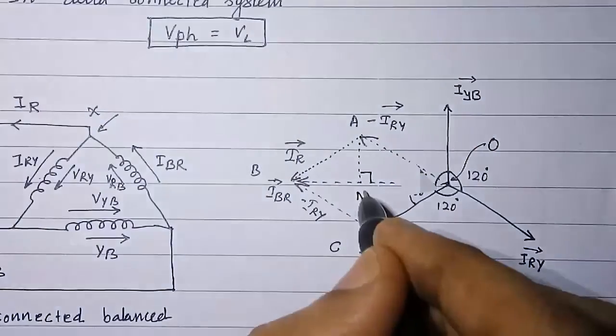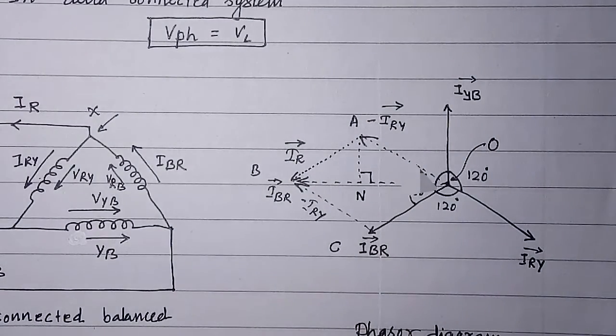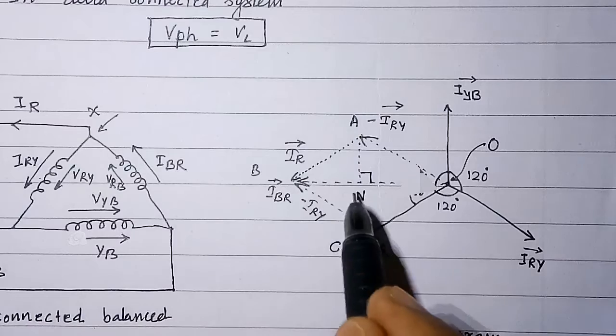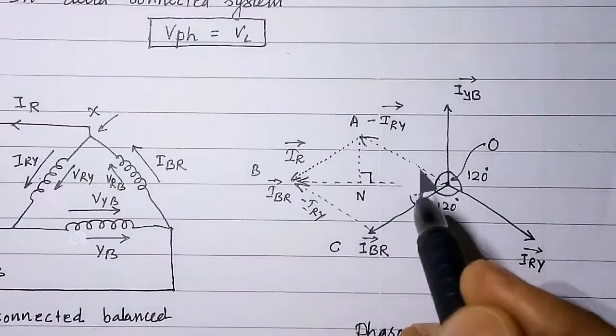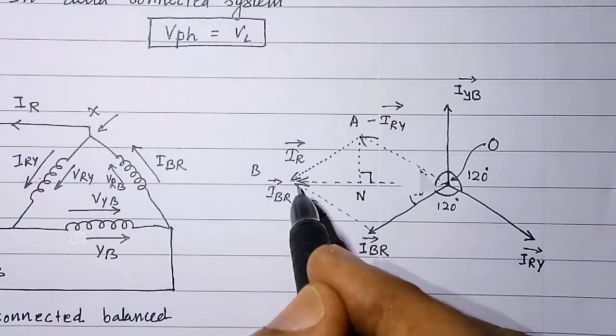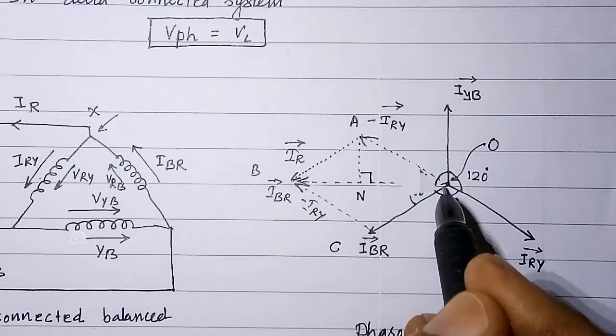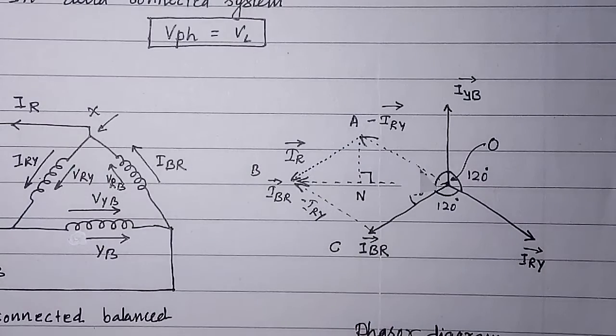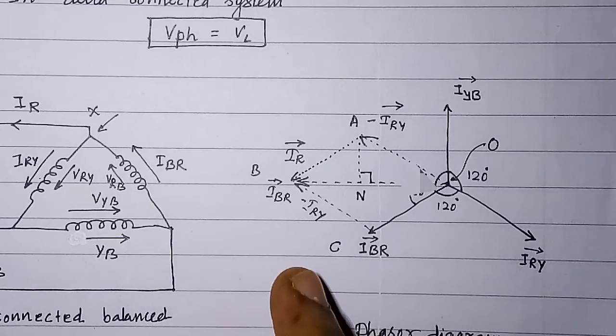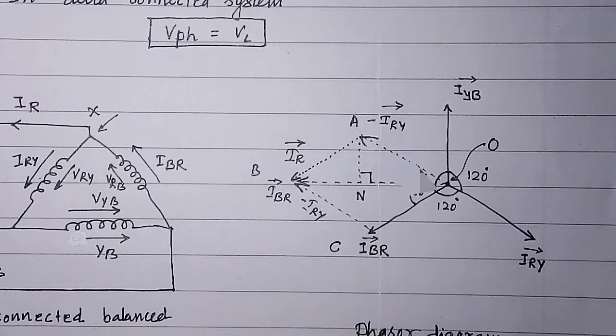If I call it as altitude AN here, then BN will be equal to NO, or we can say OB will be equal to 2 times ON or 2 times BN. Now we will write the details about this parallelogram or a rhombus.